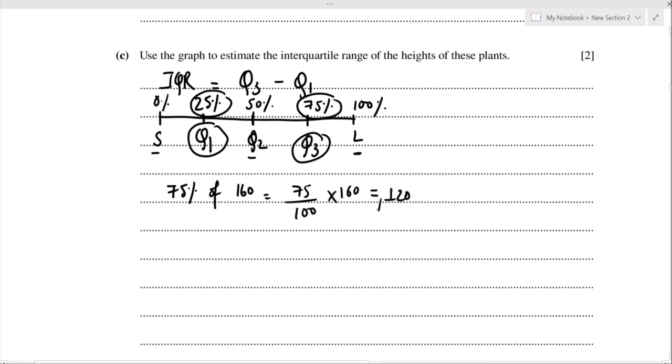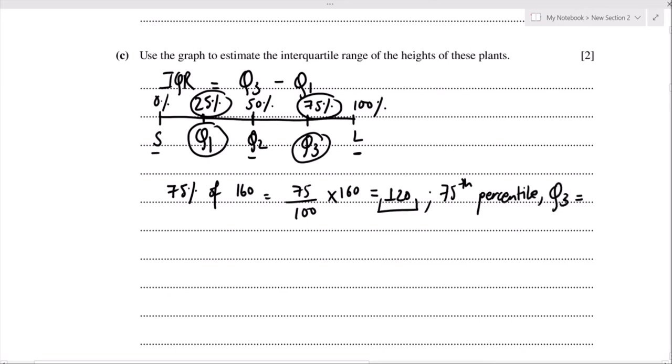That's the number of sunflowers, and we need to figure out the corresponding height for which these sunflowers are less than that particular value. So the 75th percentile is the upper quartile Q3.